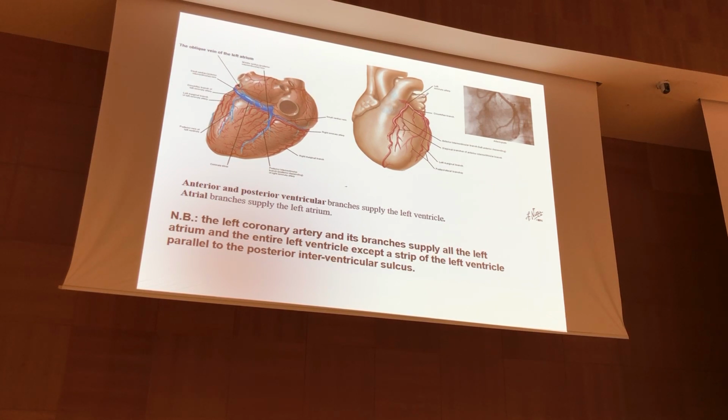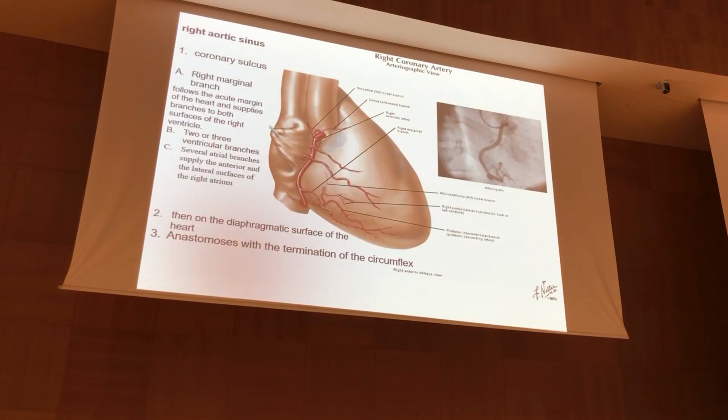So the left coronary artery is responsible for supplying the left side of the heart, the left ventricle, and it's going to give us many branches to the left atrium. So the whole left side of the heart is supplied by the left coronary artery, except the area close to the septum here, as we're going to see later on.